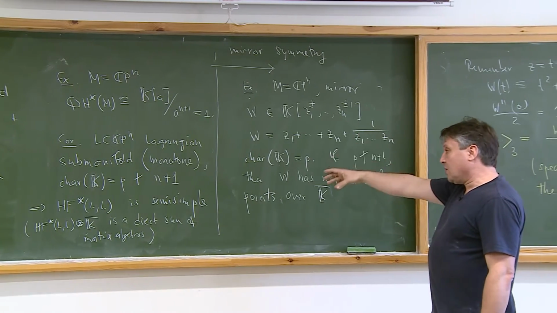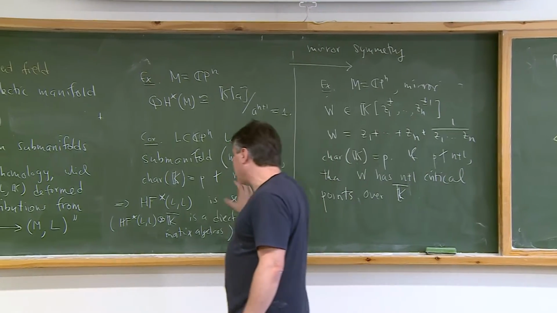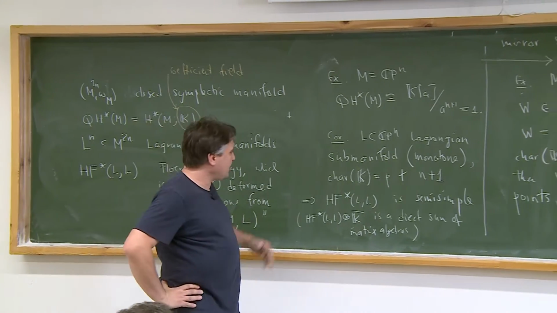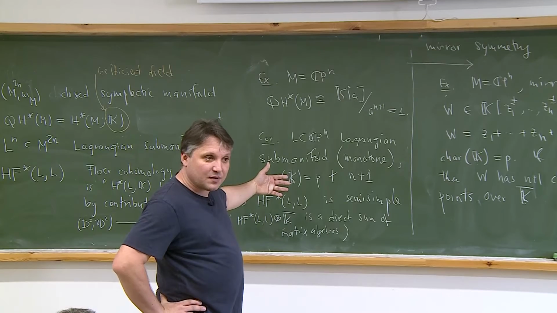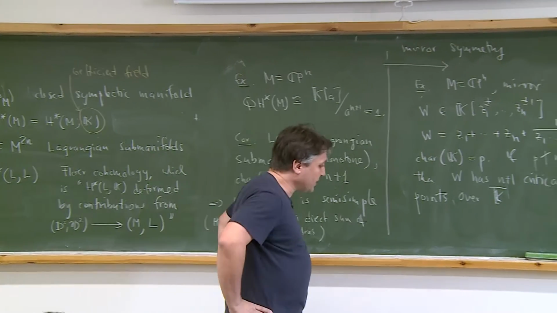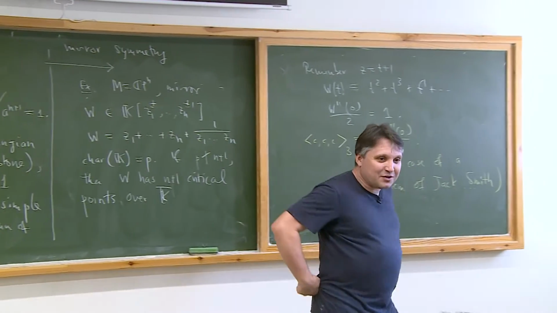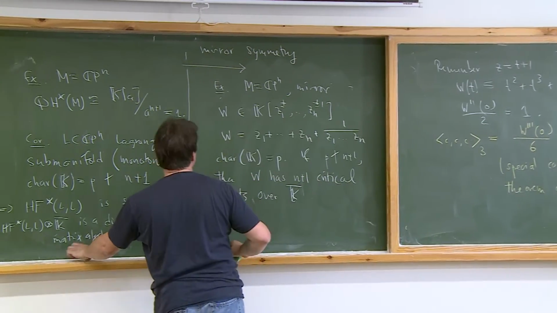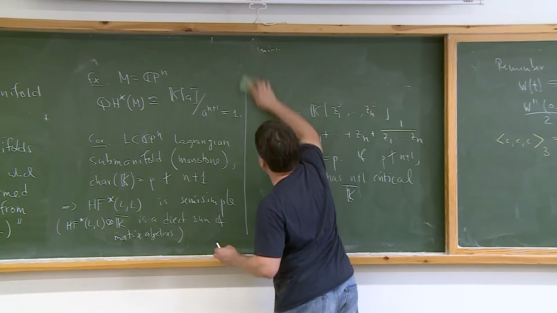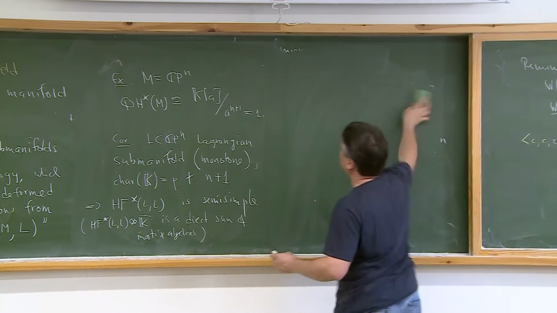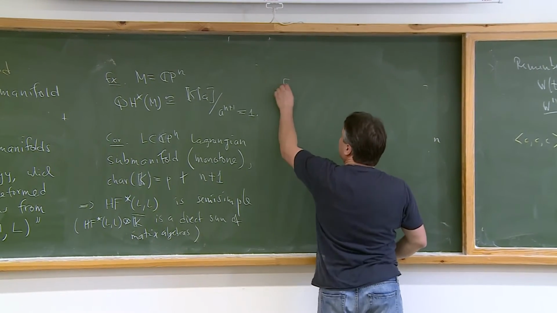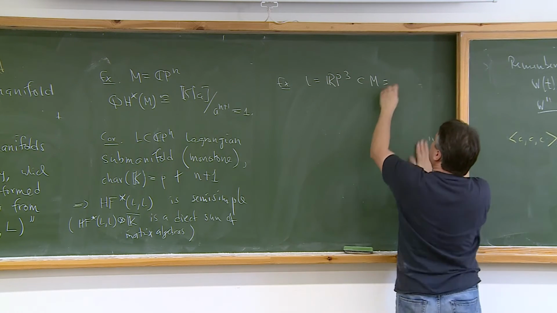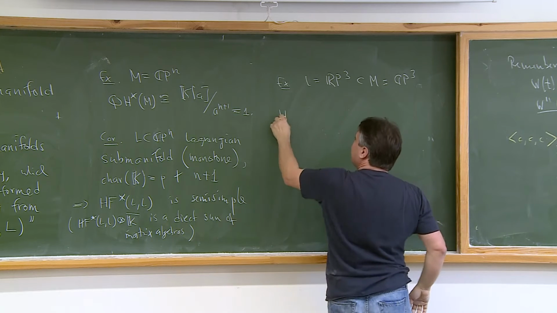So you can use this as a starting point to try to understand the topology of Lagrangian submanifolds. There will be primes where there are exceptions. A typical case is that inside CP^3, there is no RP^3. Let's do an example: the real locus inside CP^3.